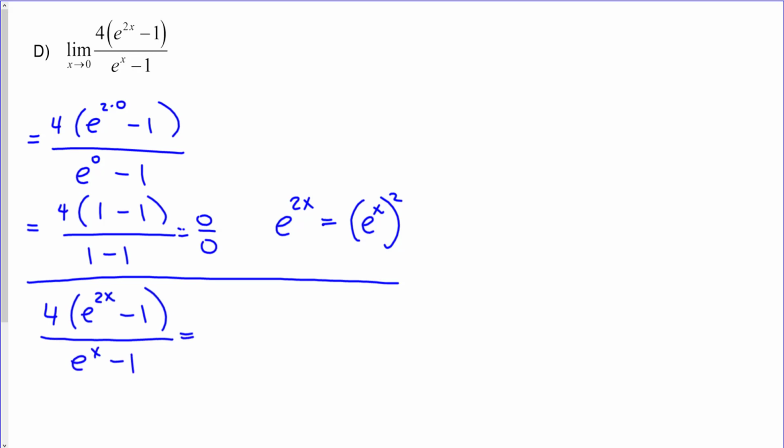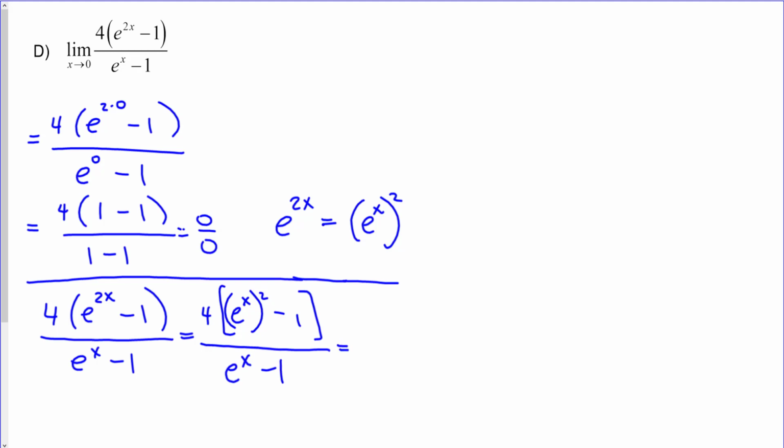I can make this 4 times e to the x squared minus 1, all over e to the x minus 1.